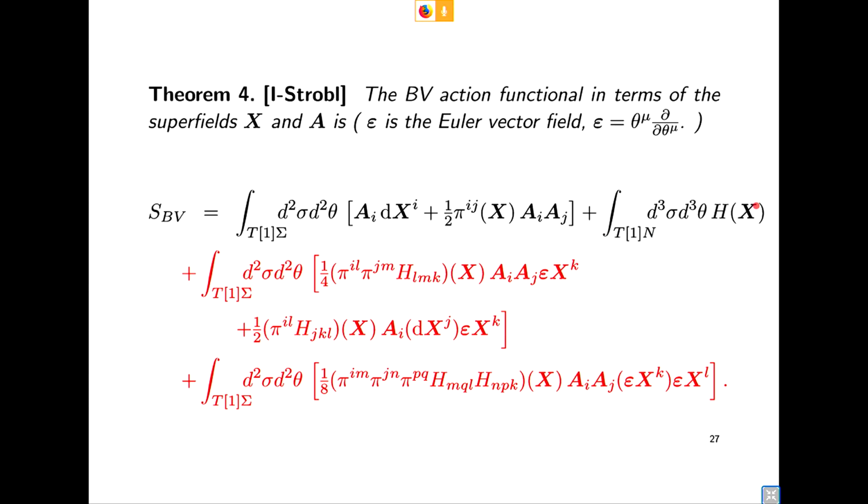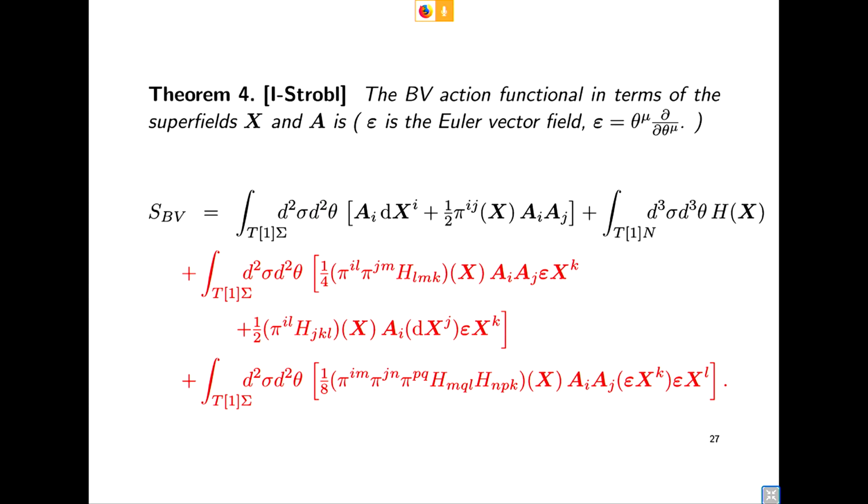And if H is exact, this integration reduces to the integration on sigma. So we consider only the simplest case. We need a generalization to introduce the non-exact H case. In this example, we only consider the twisted sigma model.